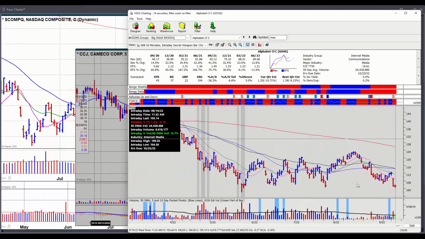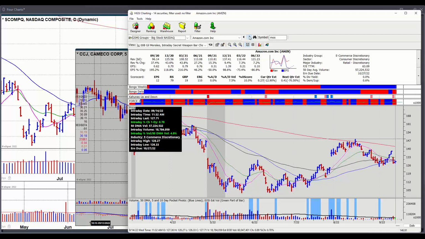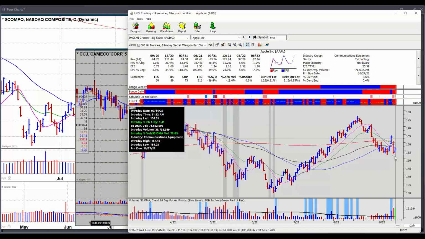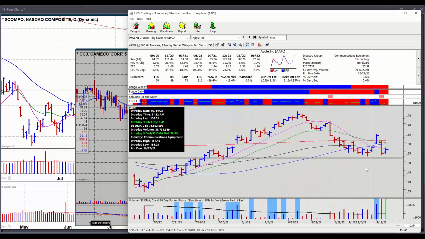It looks like it wants to break out of this big giant bear flag. Amazon busted the 50-day line. It's pushing back up into it, so that actually puts itself in a short sell position. Use the 50-day line as a covering guide. Apple, same thing there. It's not up to the 50-day line, though. Yesterday, it did trigger a short at the 50-day line, but first it did so at the 200-day line, which is this red moving average running right through here.